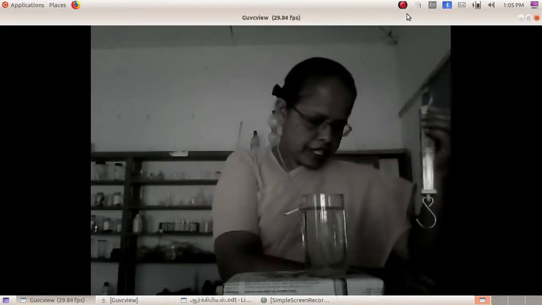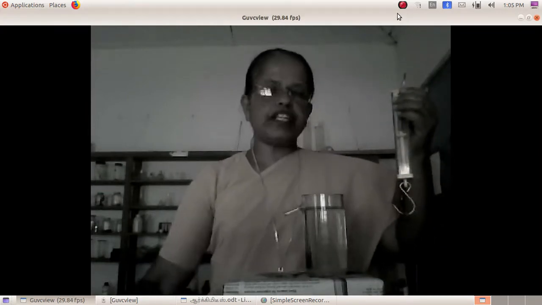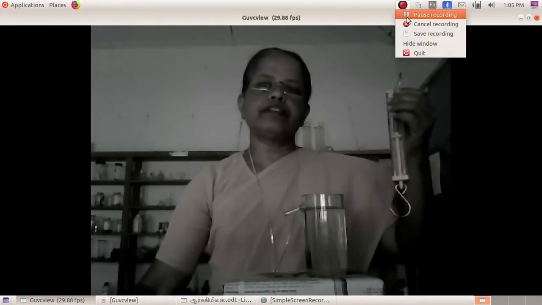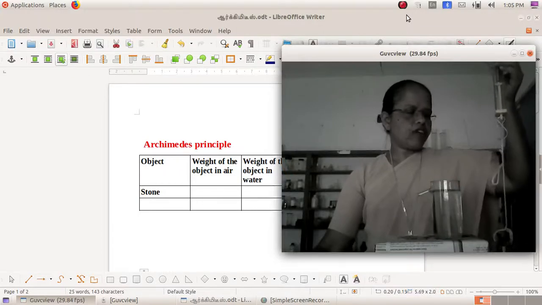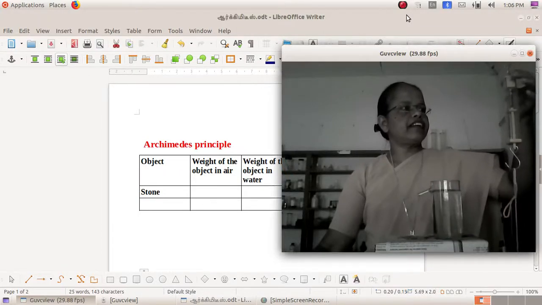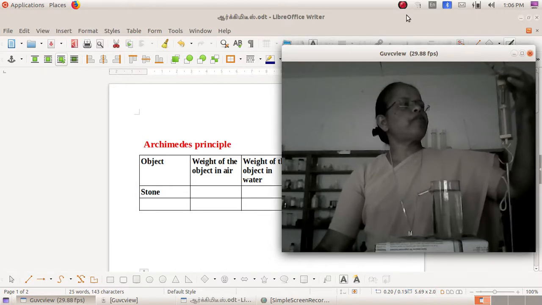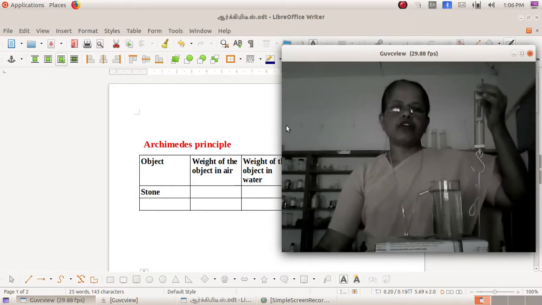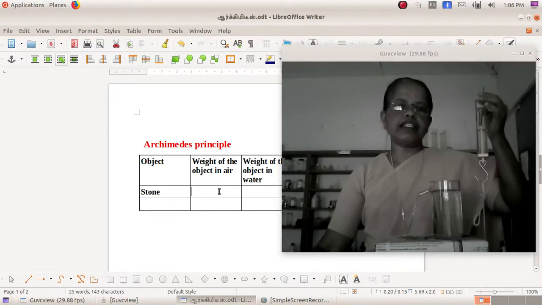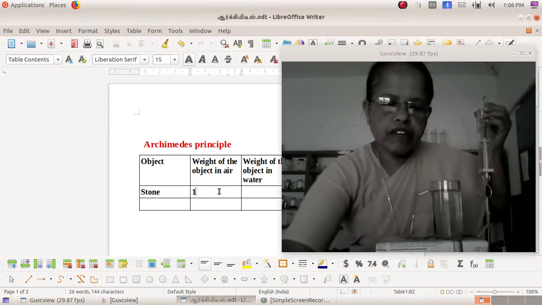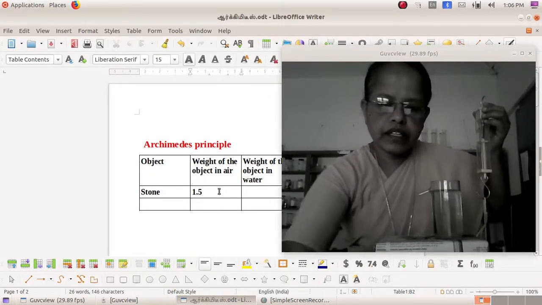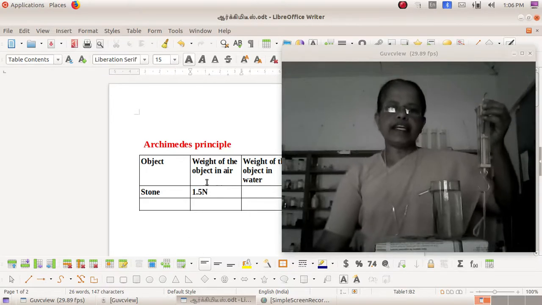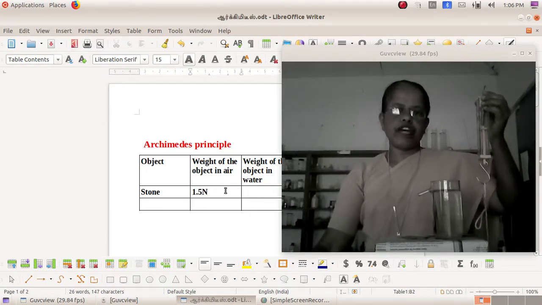Now, let us see the weight of the stone in air. So in air, the weight of the stone is 1.5 Newton. So that value, let us mark in this table, 1.5 Newton. The weight of the stone in air is 1.5 Newton.